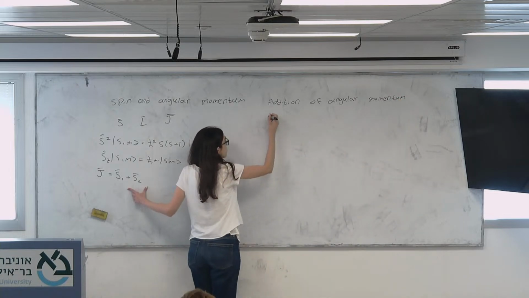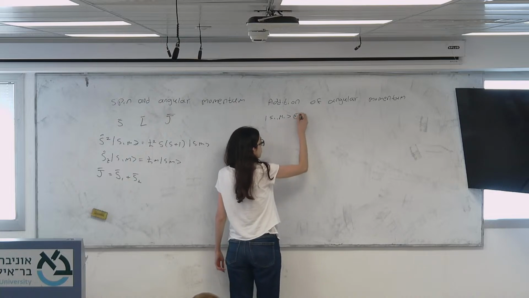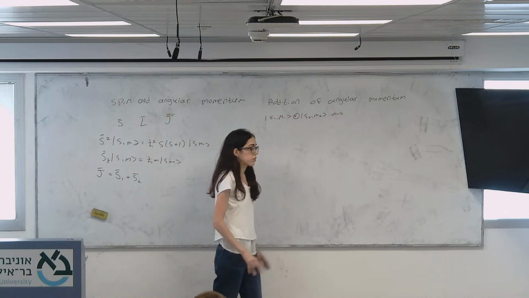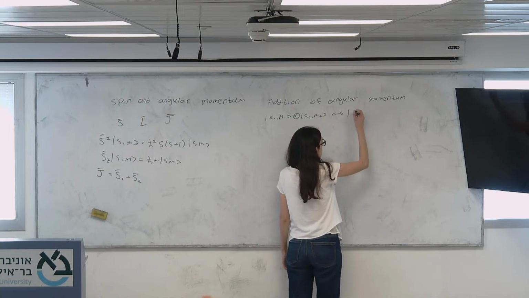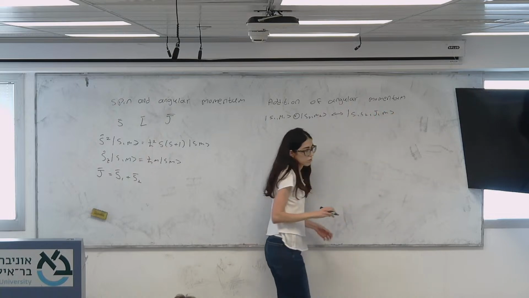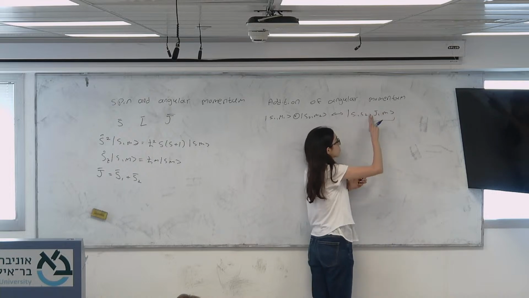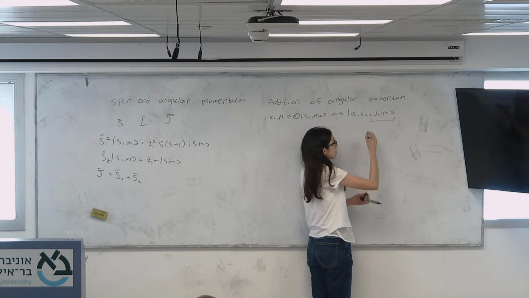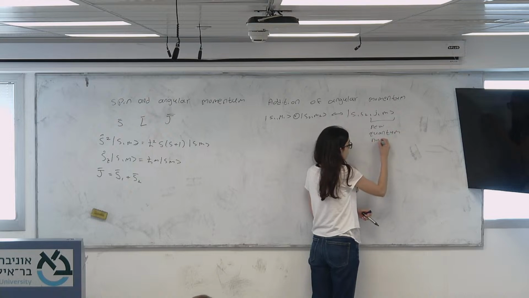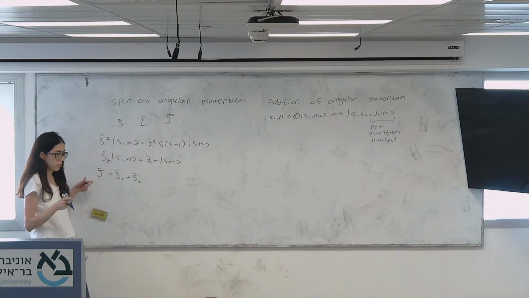If we start from a state S1 and m1 and another state S2 and m2, we're going to move to a new basis of generalized spin with S1, S2, J, and M. Those will be the new quantum numbers, which are correspondingly the eigenvalues of J squared and Jz.